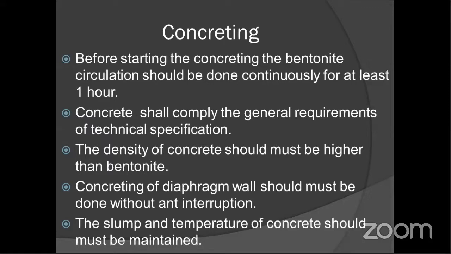The most important thing is, our trench will be full of bentonite. So while going for concreting, the concrete density must be higher. That is going to help us. If the concrete is of higher density, it will settle down and the bentonite will come out.